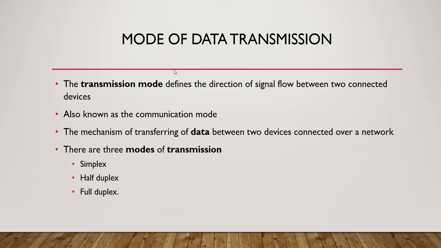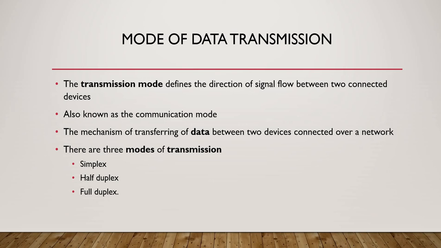Next topic is mode of data transmission. It is also known as transmission mode or communication mode. The transmission mode defines the direction of signal flow between two connected devices. I repeat once again, the transmission mode defines the direction of signal flow between connected devices.